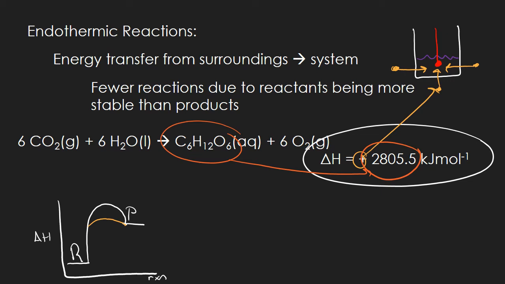You can see that the more bonds the molecule has, the more energy potential it has as well. But the unit's the same because we're still looking at 1 mole of whatever it is we are making in the system, because in endothermic reactions, we're looking at the products.